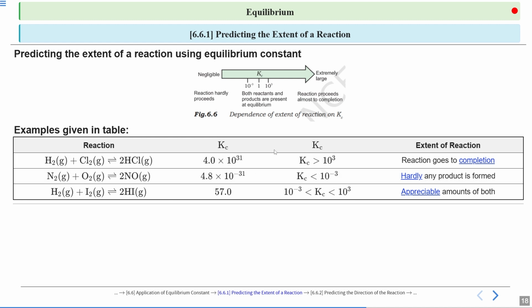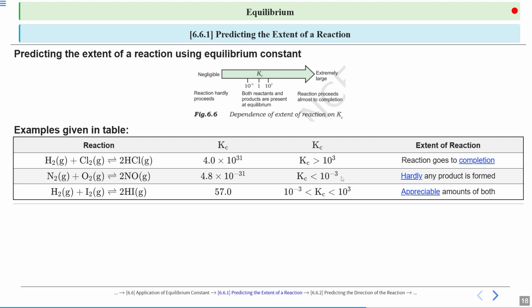So what we can say, in this situation there is hardly any formation of product. In the third situation, we have taken the formation of hydrogen iodide, where the Kc value is found out to be 57.0. If you see this, what can you predict? That our reaction is not favoring the reactants as well as the product.